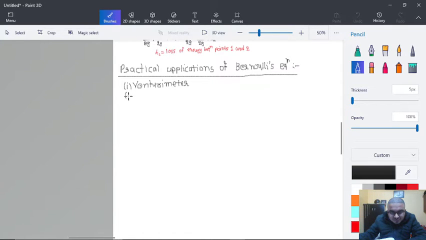Second is orifice meter. And third is Pitot tube.